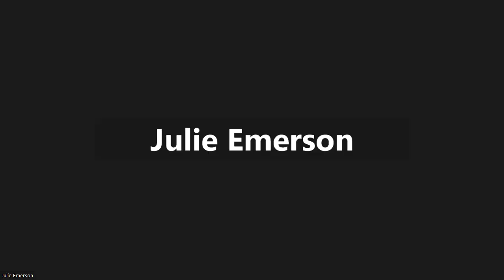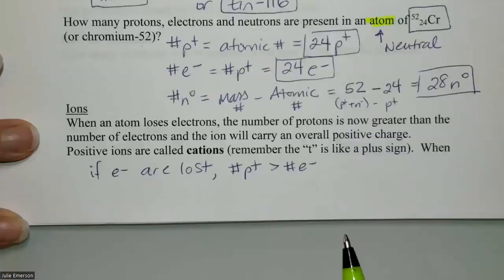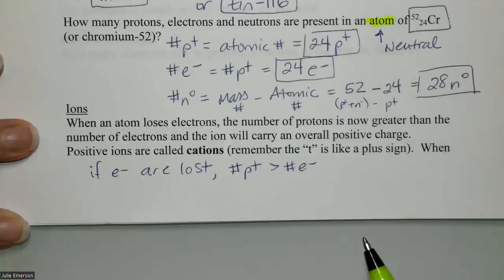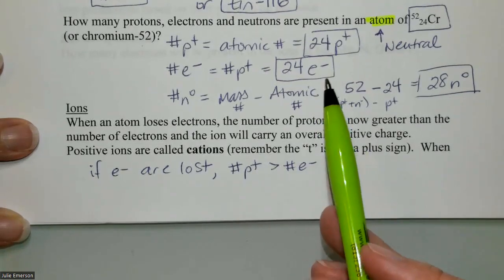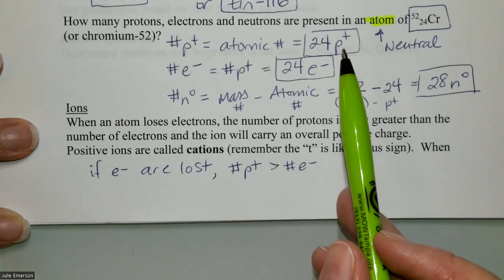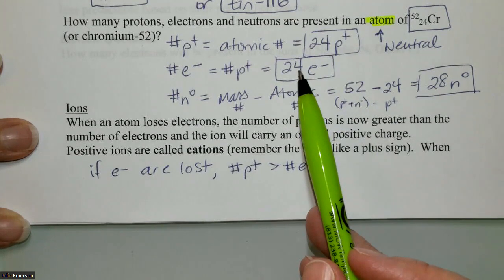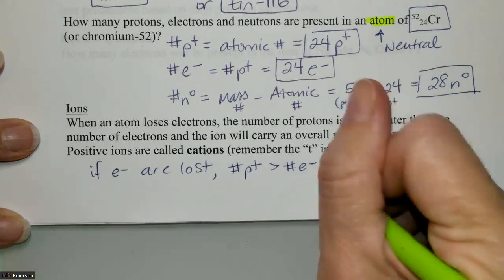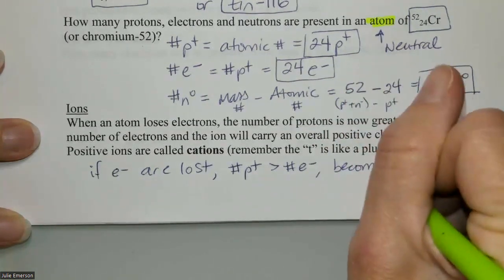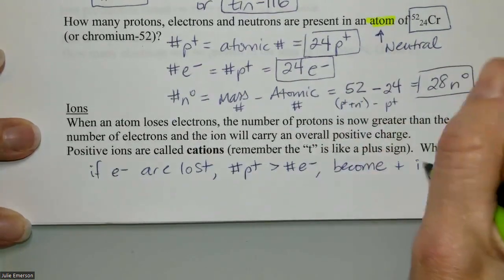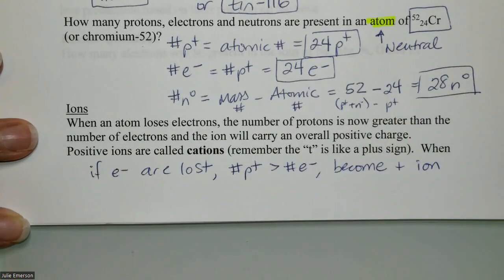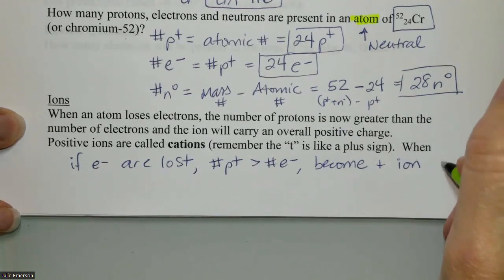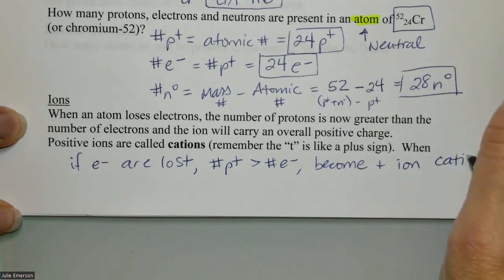Well, if chromium loses electrons, let's say it goes down to 22 electrons, right? So now I've still got 24 protons, but I only have 22 electrons. I've lost electrons. So when you lose negative particles, you become overall a positive ion because now there's more plus than there is negative. And that name of a positive ion is called a cation.